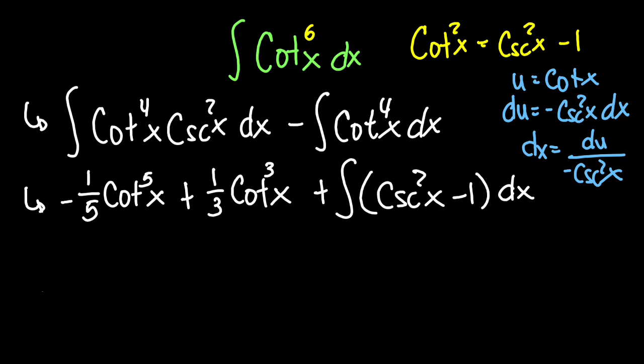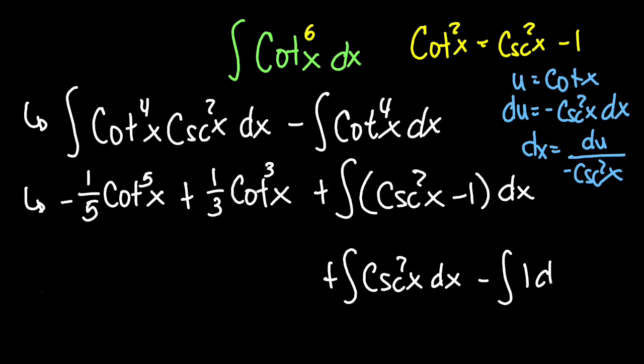And for this one, we can now once again split this integral into two parts. So this would be the integral of cosecant squared of x of dx minus integral of 1 of dx.